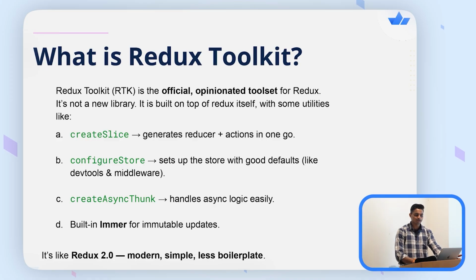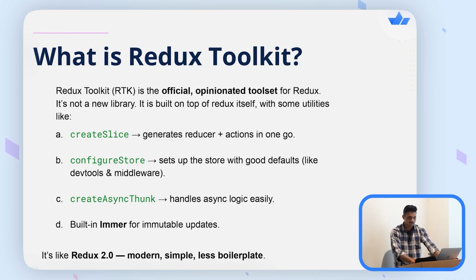Now configureStore. configureStore is used to configure your store or make your store, and it provides you the default setup for DevTools and middlewares. But in Redux you have to manually set up the DevTools or middlewares. Now this is createAsyncThunk. This is used for asynchronous functions when you want to call an API or something like this.